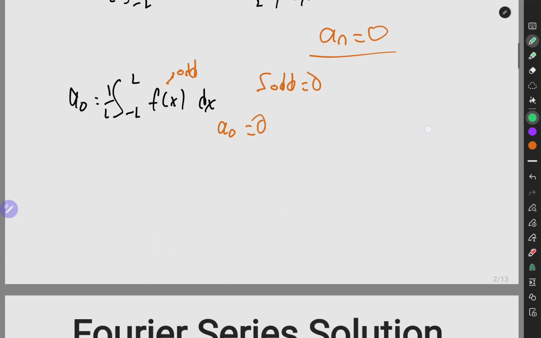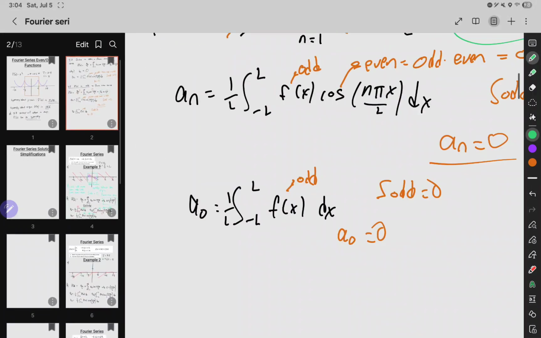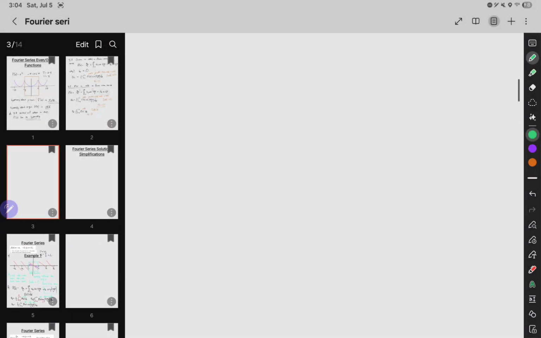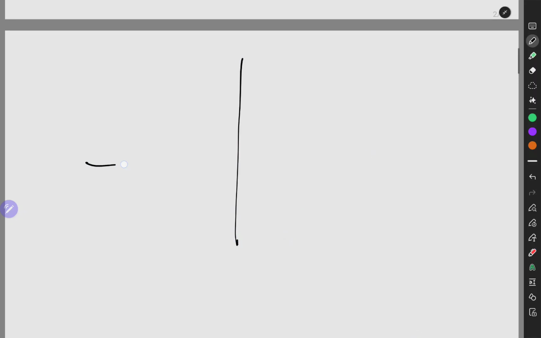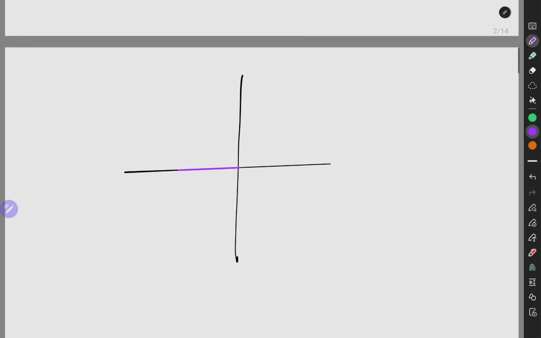if you have no symmetry, for example, let me add a page here. Say we have something like this over a period. Let's just look at one period. Where we have, let's say it's 0 from there to there, and then it is the absolute value of x from there to there.